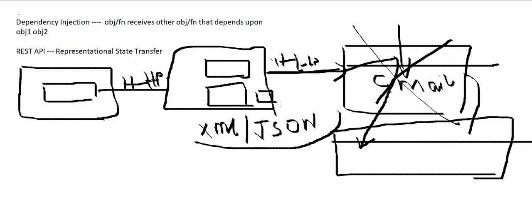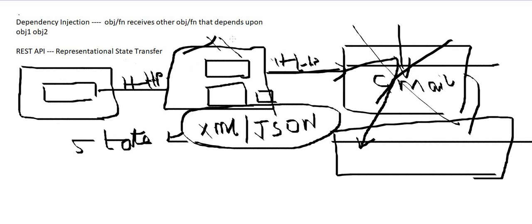The JSON or XML contains the information, that is, the state of the current object, your username and password. For example, XXX is a person, so XXX is the object. What is the XXX state?